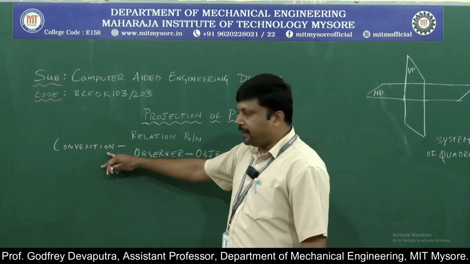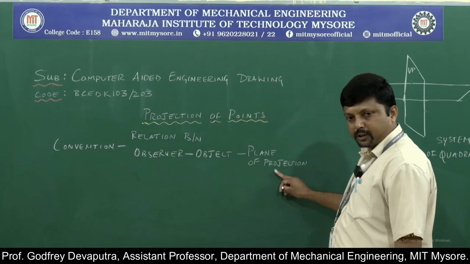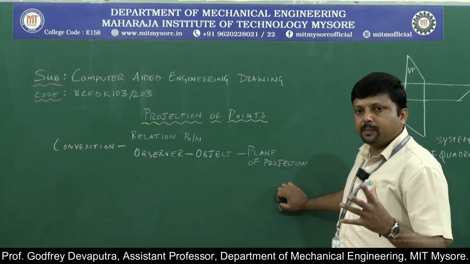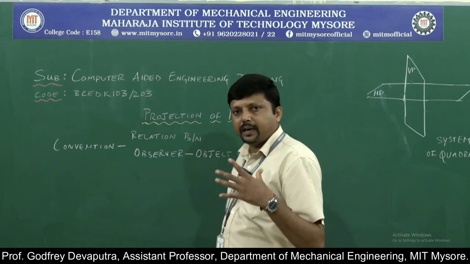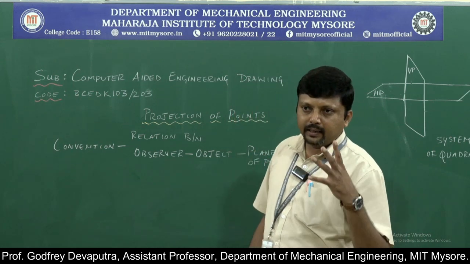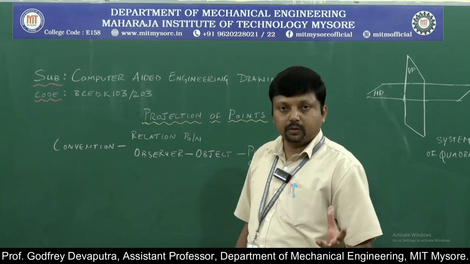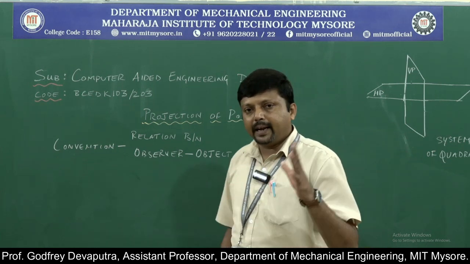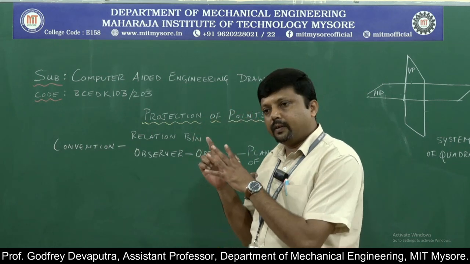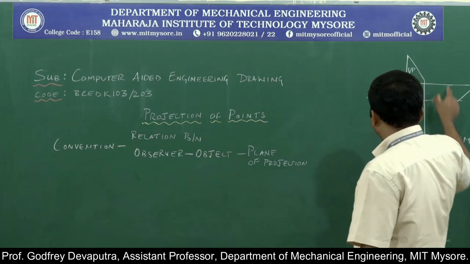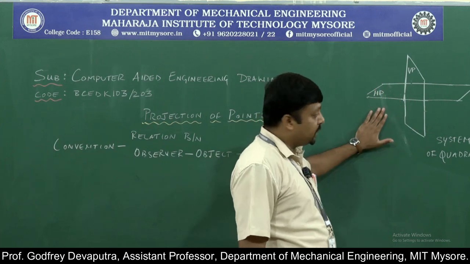So convention basically speaks about the relationship between observer, object and the plane of projection. For instance, when we are speaking about the system of quadrants, when we fix up a convention, that convention has to be retained to identify the quadrant, identify the views and identify the profile views also. So this convention has to be maintained consistently, regardless of whether we are doing the drawing in either of these places. Now when I speak about either of these places, this is called a system of quadrants.